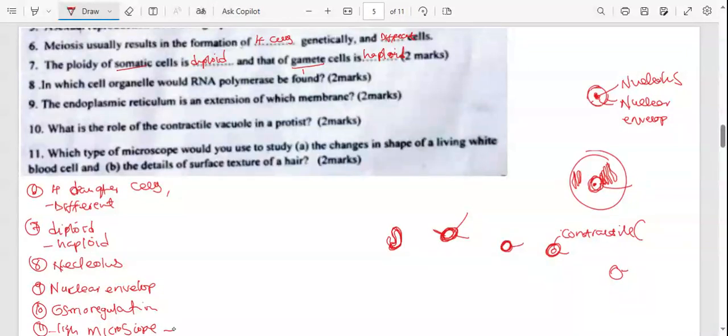Then the other question says the details of the surface texture of hair. You want to really get the details of the surface of the hair, like the way you've touched it. What type of microscope can you use to really see the texture? The detailed microscope I can use there is the scanning electron microscope. That's very powerful, it deals with electrons. Remember, there are electrons in the air. Just try to charge your pen and lift it over your book, it will lift the page of your book.